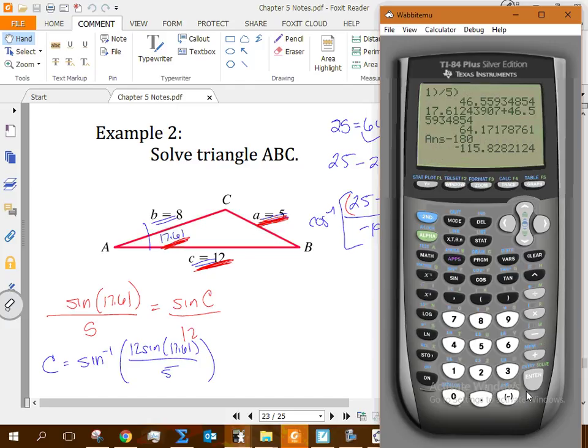So that remaining angle B is 115. Is that possible? Look at your side lengths and your angle measurements. Can angle C be smaller than angle B? Why not? Yes, the triangle inequality says the largest angle has to be across from the longest side, right? So we got that 46. We actually need to use the supplement of that 46 to be angle C. We'll talk about that more in the next couple days.